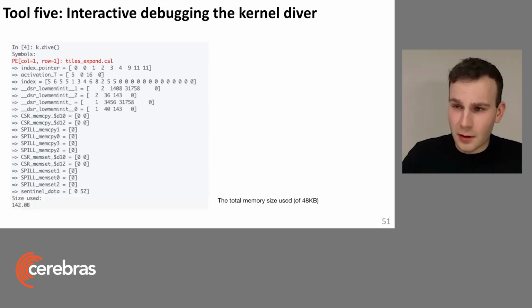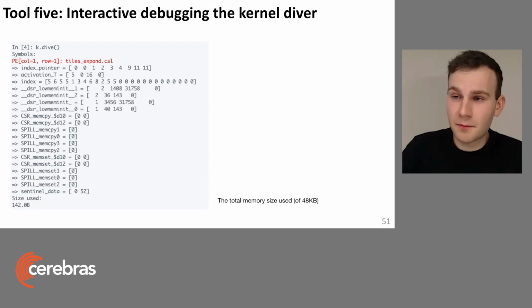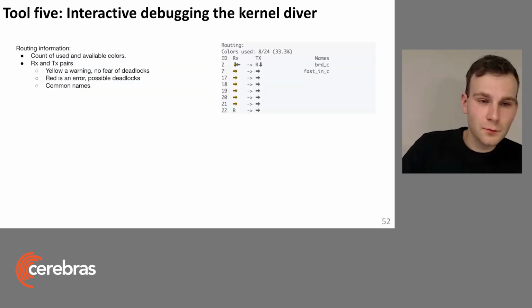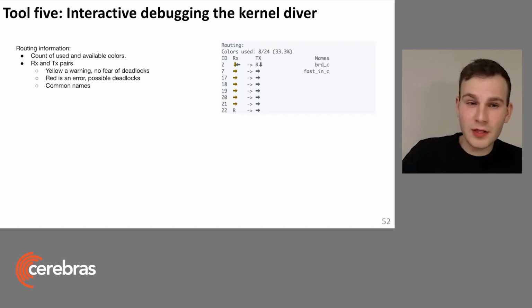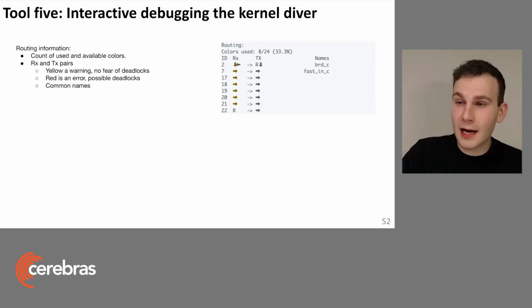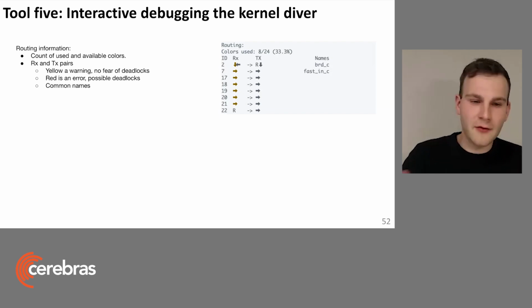We also print the size that the PE is occupying. We print some routing information here. We also, with a color, indicate if it's a warning or if it is an error. We show some common names. We show how many colors are used. This is really helpful also during normal development, when you want to figure out, okay, I've mapped these colors, these are still available.